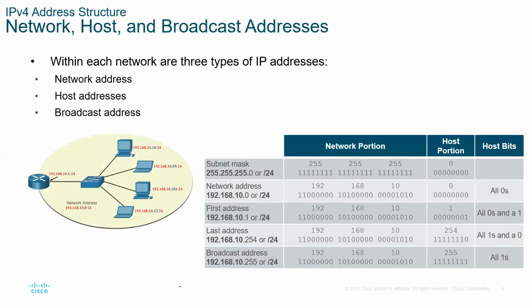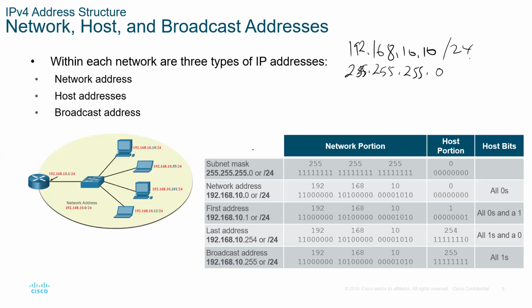Let's go here. Network, host, broadcast addresses. We have types of addresses that we have. We have what we call the network address. We've touched on that. If we had 192.168.10.10, that is my host address. If my mask is /24, that means we have 255.255.255.0.